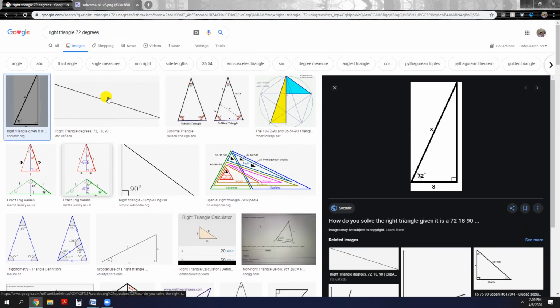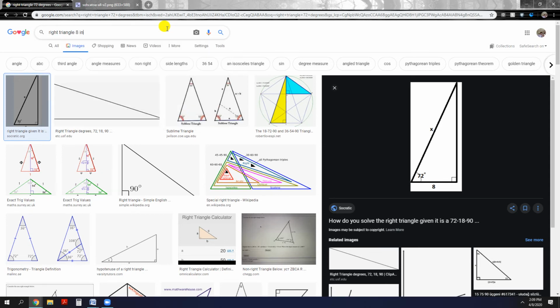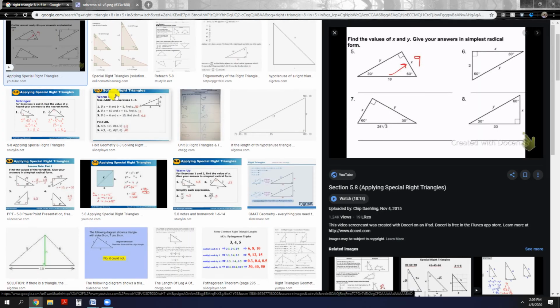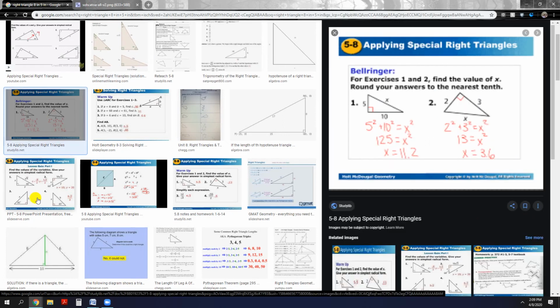Oh, no, we want side lengths because we're doing inverse. Let's say 8 inches, 5 inches. Nope, that's special right. Oh, that's Pythagorean theorem.